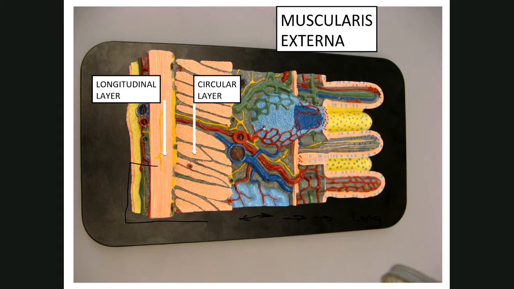And these fibers are running toward you. They're running up and down, this way toward us. That's the circular layer. Well, this is not the stomach. And since it's not the stomach, there is no oblique layer. The only one that has the oblique layer is the stomach. Any questions?